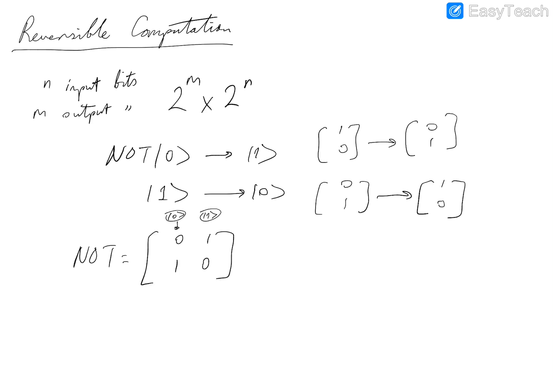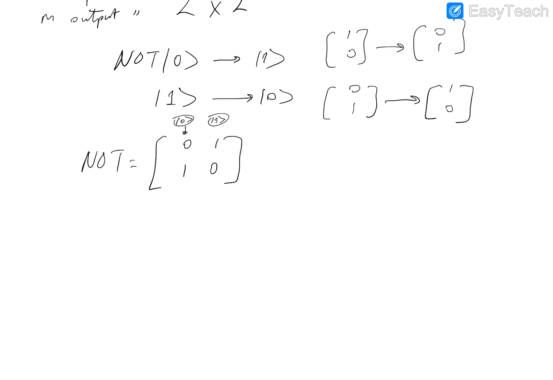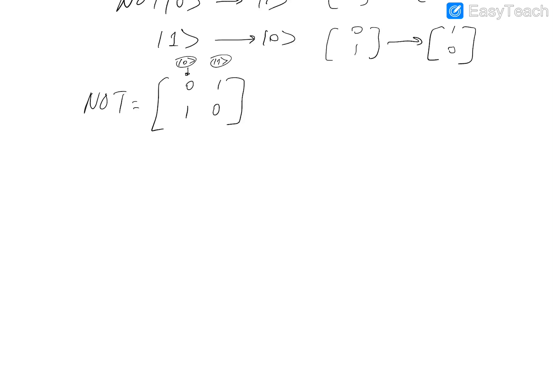And what about the other matrices? What about the logical gates AND, NAND, OR, NOR, and XOR? These are represented by 2 by 4 matrices. AND takes a 2 qubit input and outputs 1 qubit of information. On input 0, 0, it outputs cat 0, right?